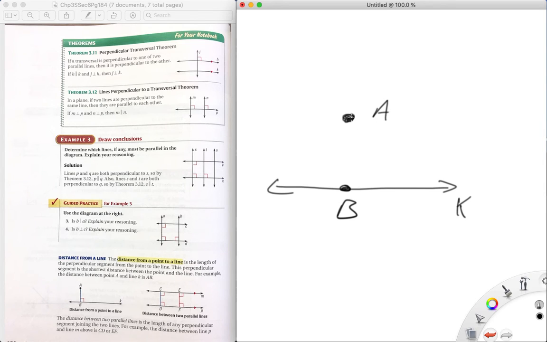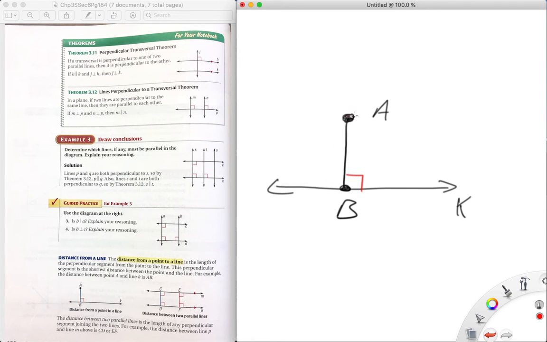If I wanted to draw the shortest distance between A and B, I draw a straight line. This shortest distance between A and B is also the shortest distance between A and line K. And what this says is that this shortest distance will always be perpendicular. It's going to be a perpendicular segment to the line.